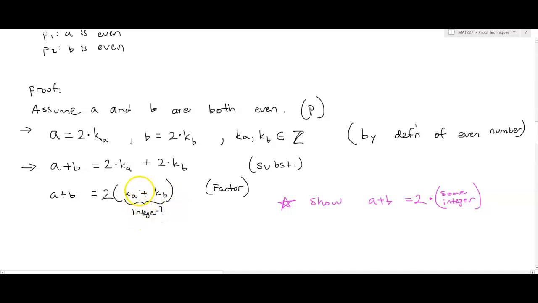Okay, well, by the closure property that we just described, if you add together KA plus KB, it is an integer. So by the closure of adding together two integers, KA plus KB is another integer. And so let me relabel this. I'll just say K equals KA plus KB.